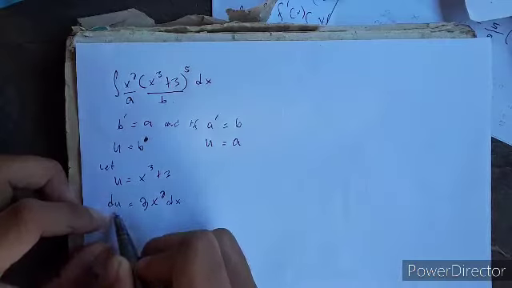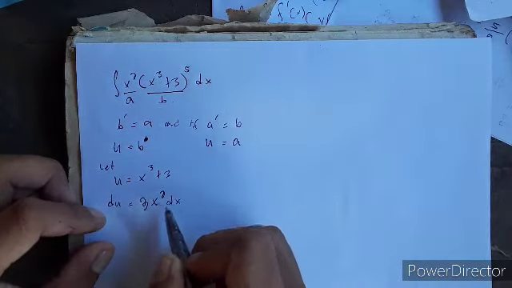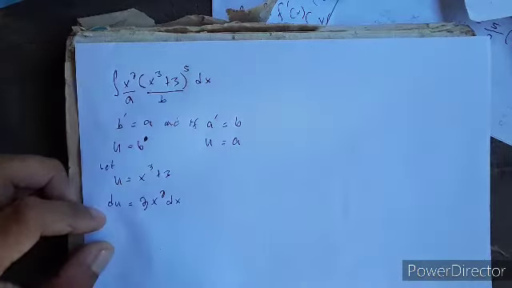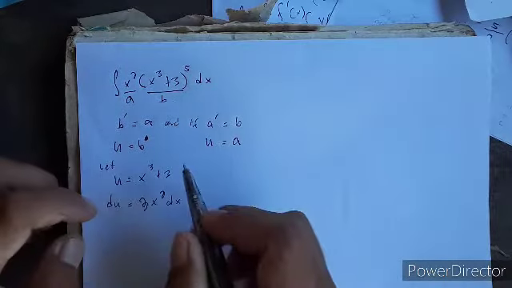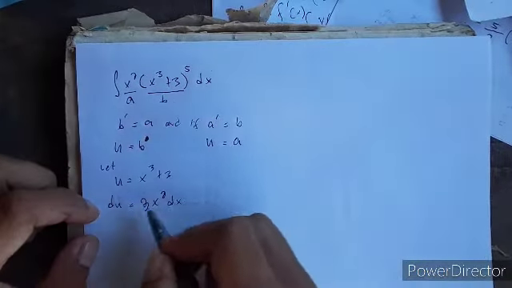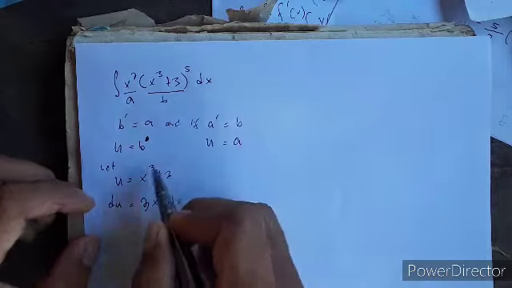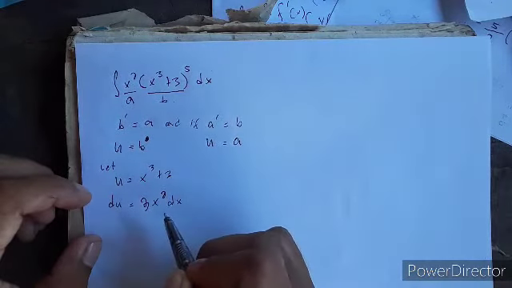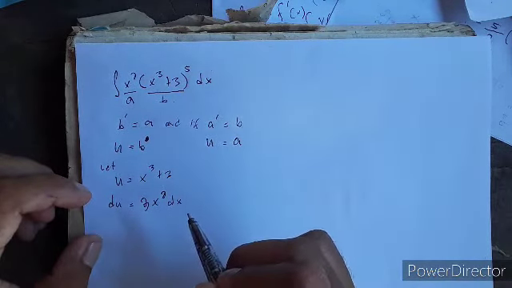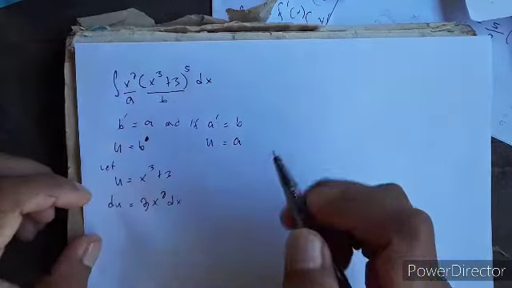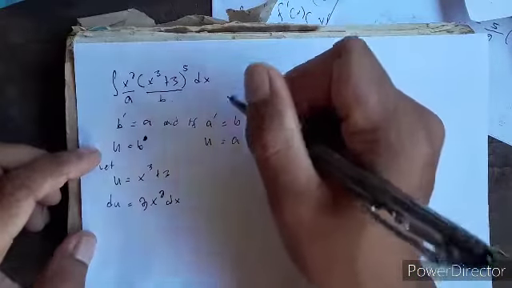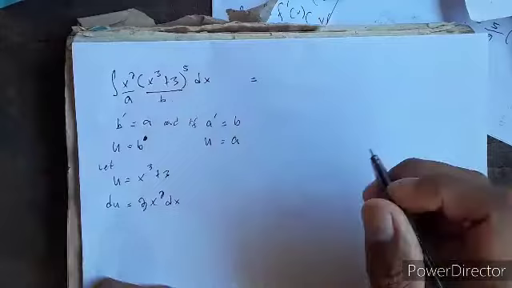This is our b prime, which is equal to our a. Therefore, as we represent this function as u and du, we substitute into the original function.